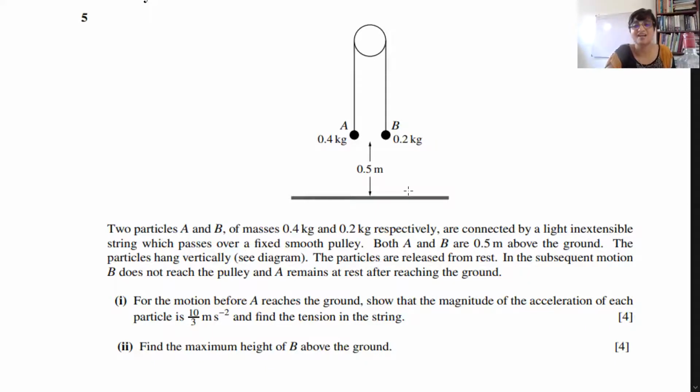Because that's the last speed B had. When A hits the ground with a certain speed, that's the same speed B would have just before it starts to move under gravity. So that's the starting speed for B for the motion under gravity. Is that clear? Yes. Okay. So can you first find U for B?